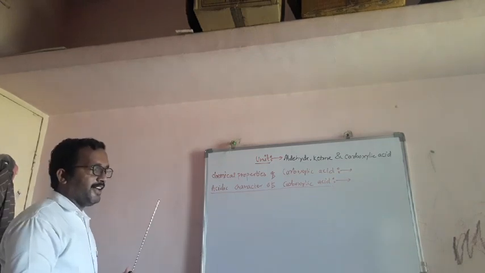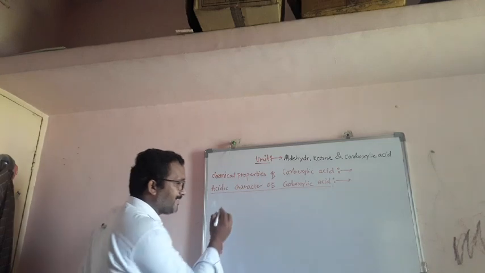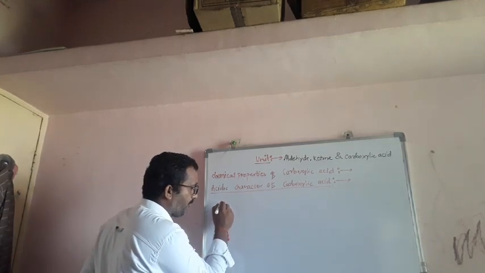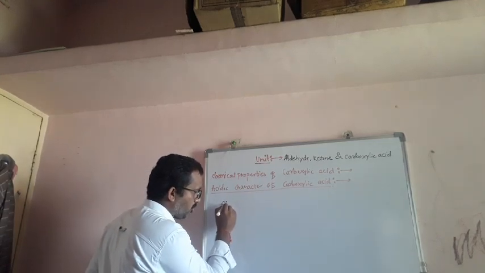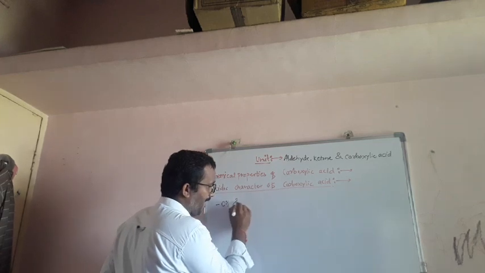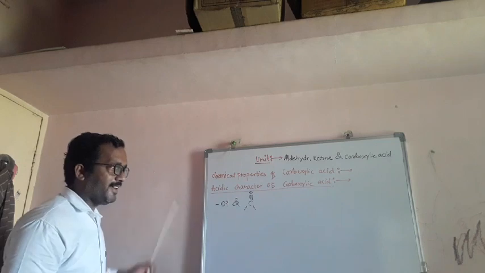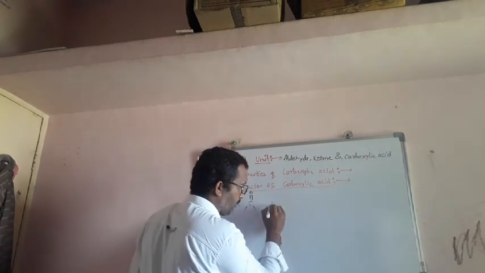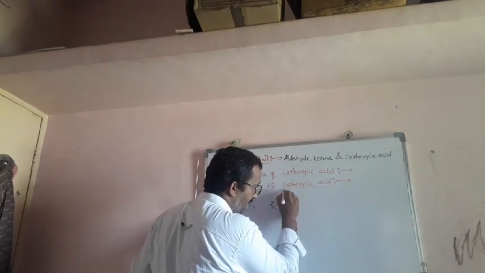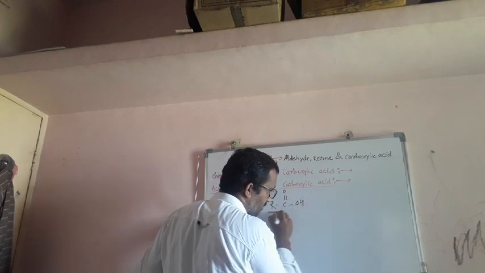You know very well that the carboxylic acid is made up of a hydroxyl group and a carbonyl group. That is, the functional group of carboxylic acid is RC double bond OH.